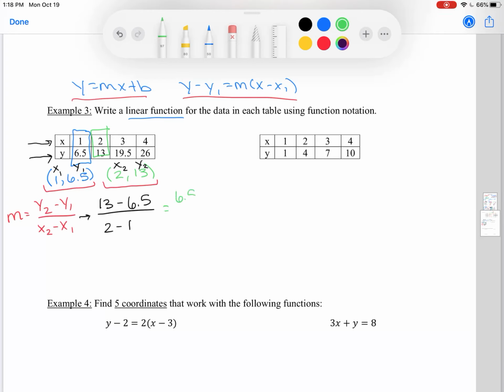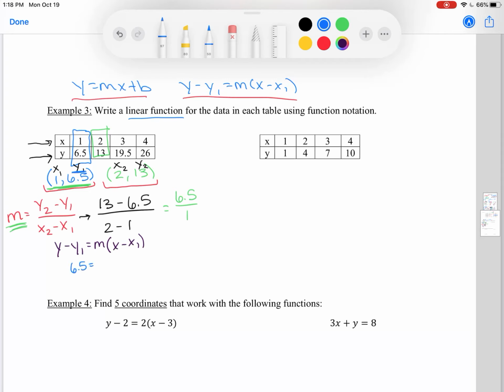So y2 was 13, y1 was 6.5, x2 was 2, x1 was 1. And so right now my slope is looking to be 6.5 over 1. So I have my slope, that's what I just got. I had a point that they just gave me, so if I think about it, I have a point, I have a slope, so together I can put it in point-slope form.